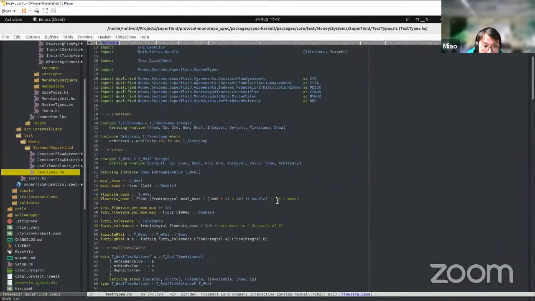Okay, so let me rephrase a bit more. The test case is done in a way that the flow rate is randomized between 1 to 100 million per month. Think of it in dollar terms. It doesn't matter, the unit doesn't matter.